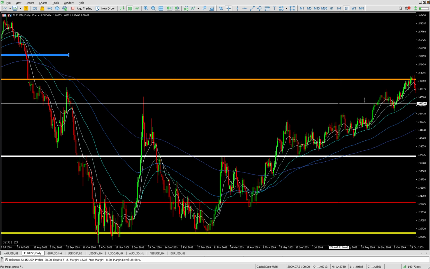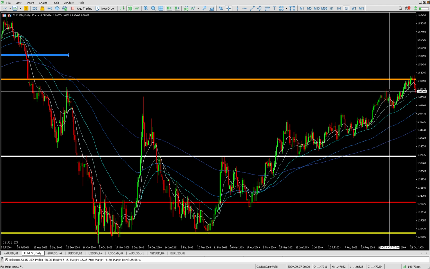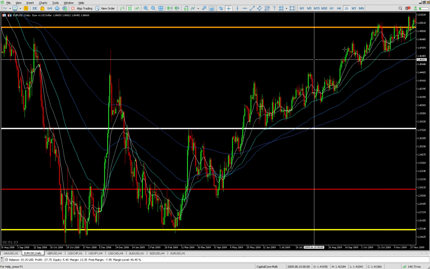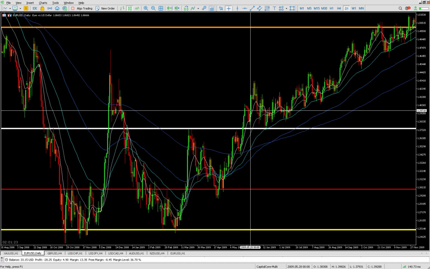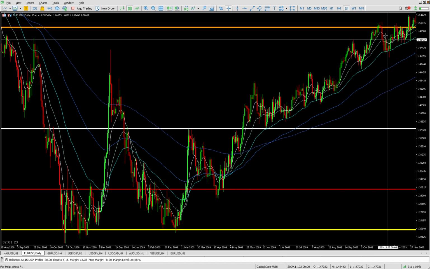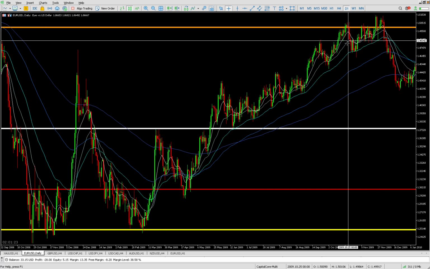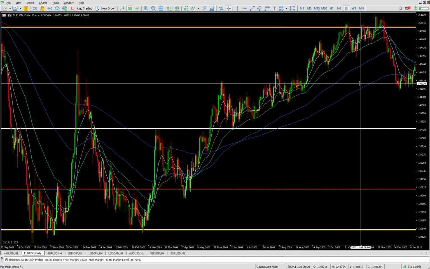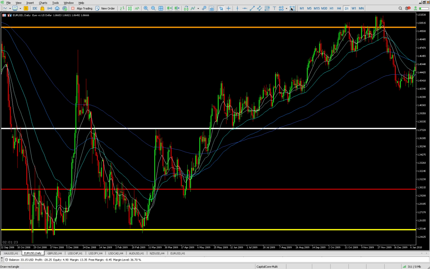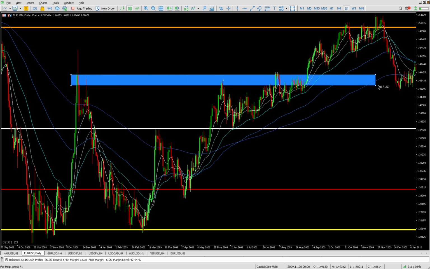But eventually over here we did finally break it after a year or two. So then once we finally broke that, okay, we had a little correction here. And so we can see there's another little level here we can look at.